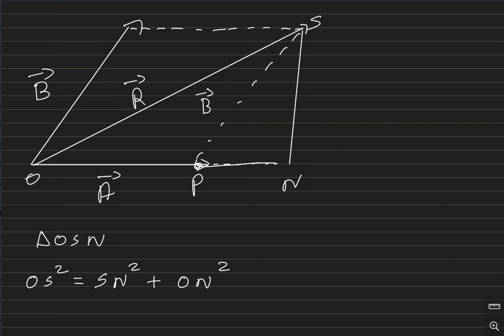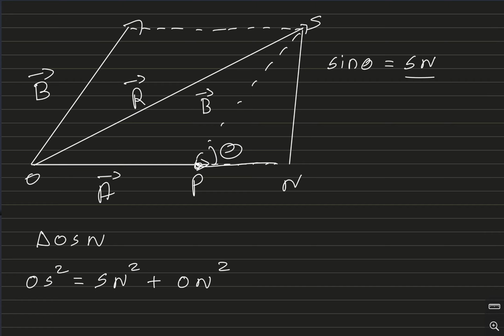Now we only find these two values, PN and SN. We use the sine and cos functions. What is the formula of sine theta? Sine theta is equal to perpendicular divided by hypotenuse. So what is the perpendicular? It is SN.